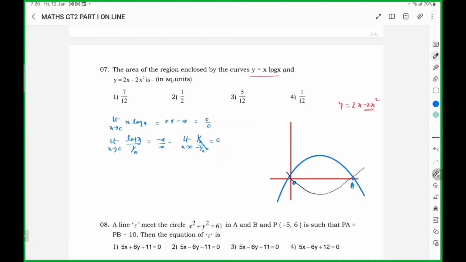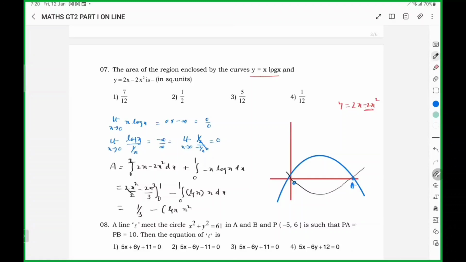So area of the region means the integral from 0 to 1 of 2x minus 2x squared dx, minus the integral from 0 to 1 of x log x dx. Here it is 1 minus 2 by 3.